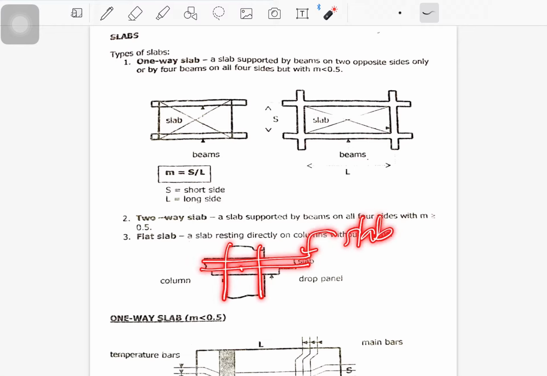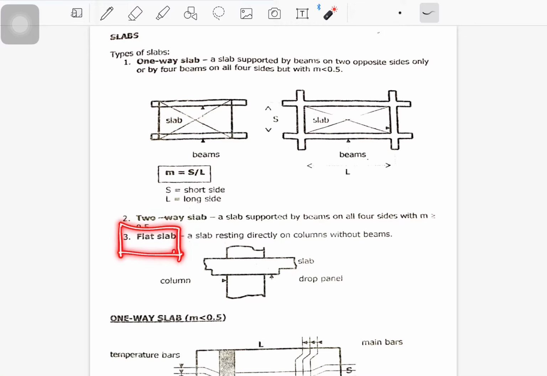So that is the flat slab construction. In the Philippines, this is discouraged because of its risk in construction, or for the safety of the public, since once the slab collapses, automatically the column collapses.